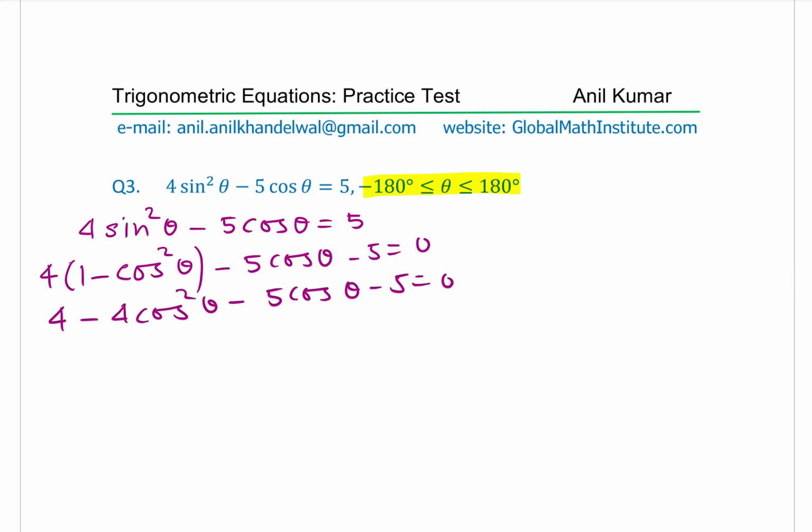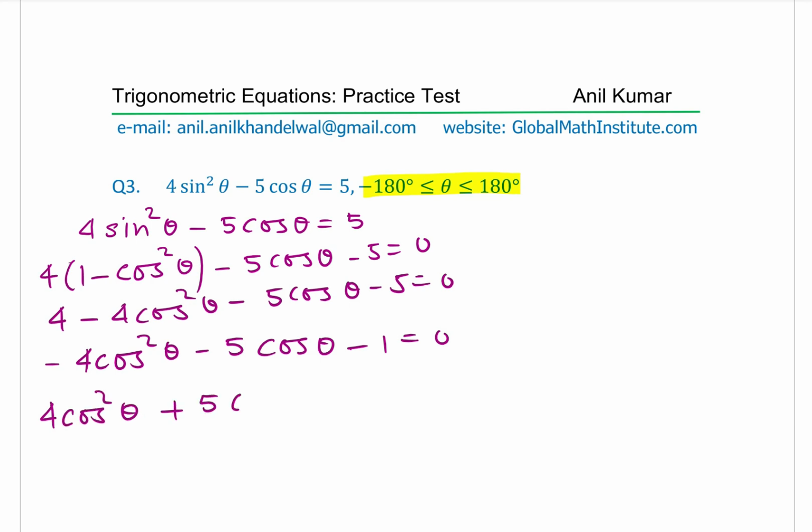Well, it is good practice to keep the leading coefficient positive, so we'll interchange it later. Let's combine these two terms and write this as minus 4 cos square theta minus 5 cos theta minus 1 equals 0. We will also write this as 4 cos square theta plus 5 cos theta plus 1 equals 0.